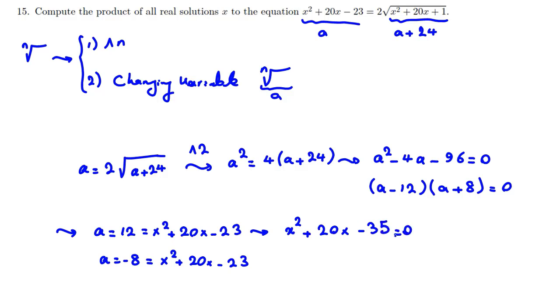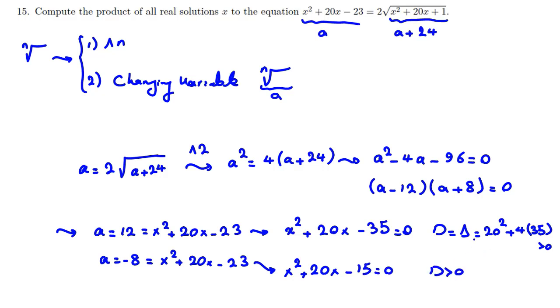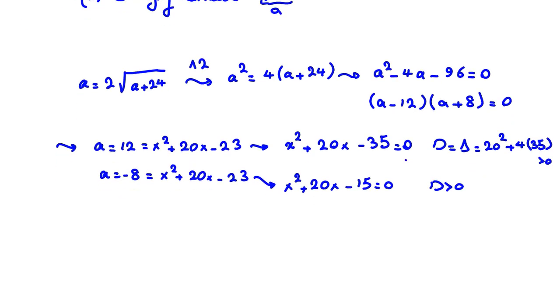We can calculate the roots, or we can only check whether the solutions are real or not by calculating the discriminant: 20 squared minus 4 times 35. It is positive, so the roots are real. For A equals negative 8, x squared plus 20x minus 23 plus 8, minus 15, equals 0. Again, here the discriminant is positive, and the product is negative.